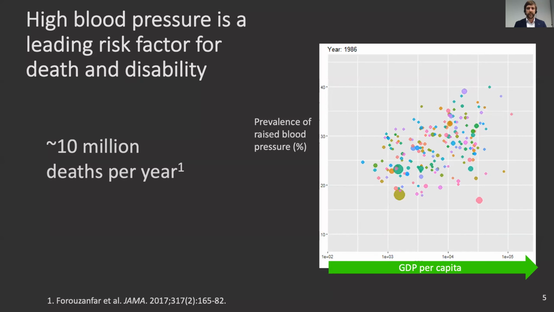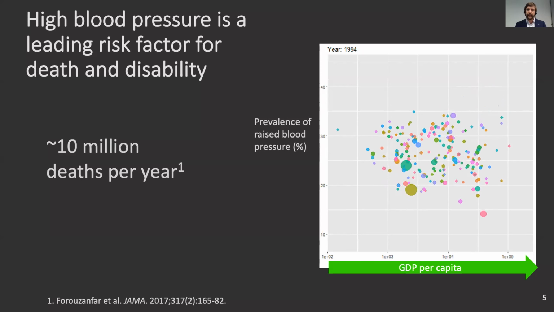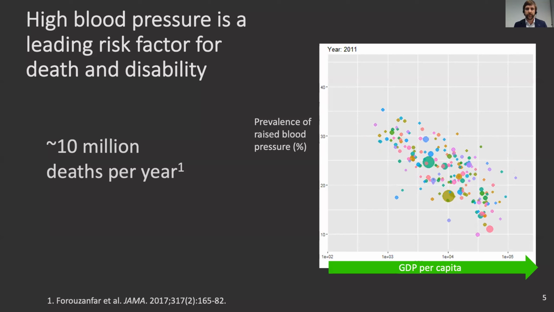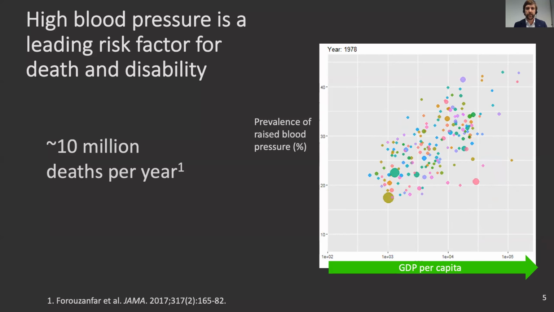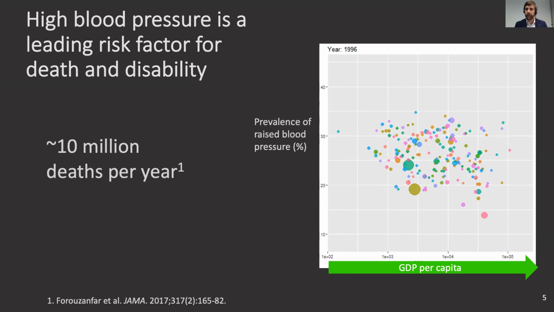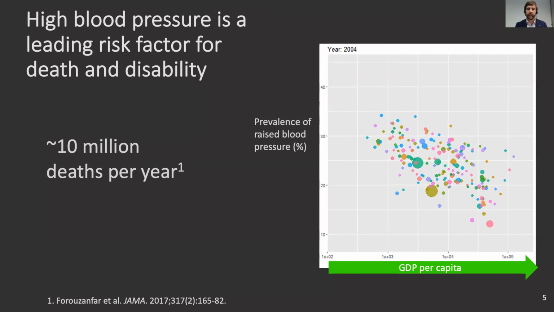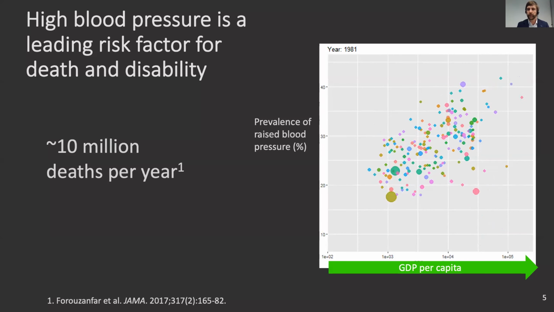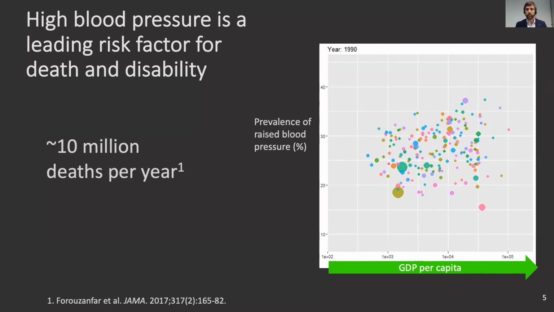What you can see is that through the years, this situation has completely shifted. Up to 2015, there's a higher prevalence of raised blood pressure in the lower income countries. So this really highlights that this is an important issue worldwide.